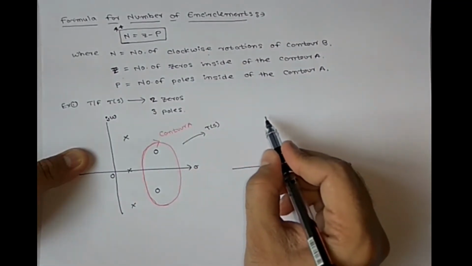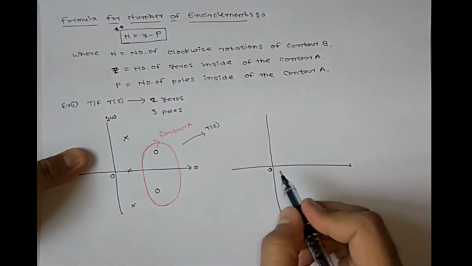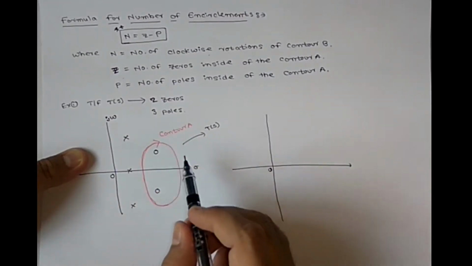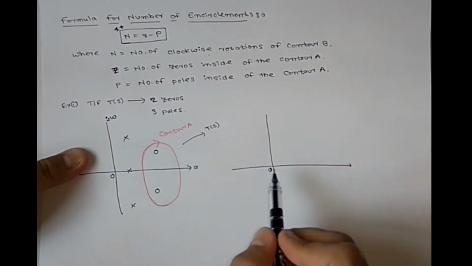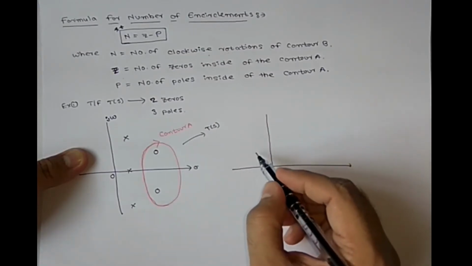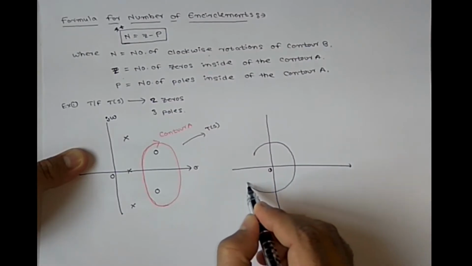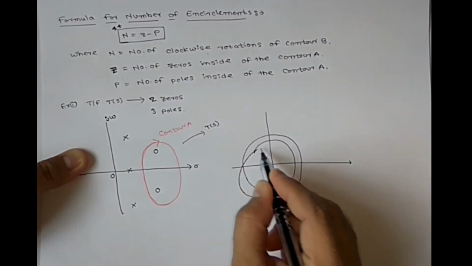Okay. So I am going to get two encirclements, right? And that too in clockwise direction. One zero will give one contour in clockwise direction, another zero will give another one. So two zeros will come, that is clockwise direction. So one encirclement and two encirclements.